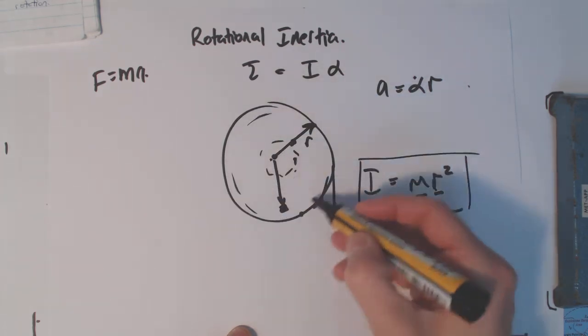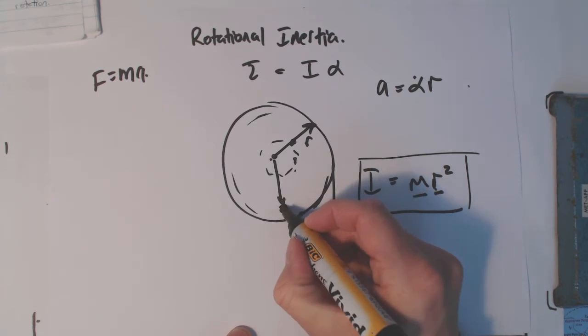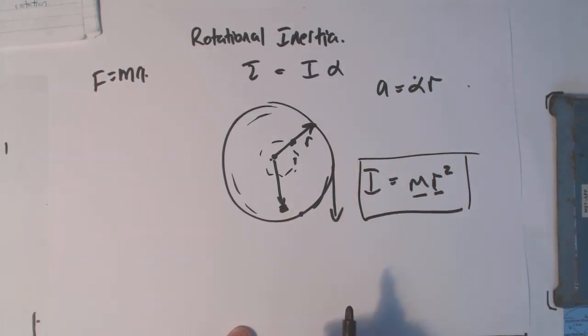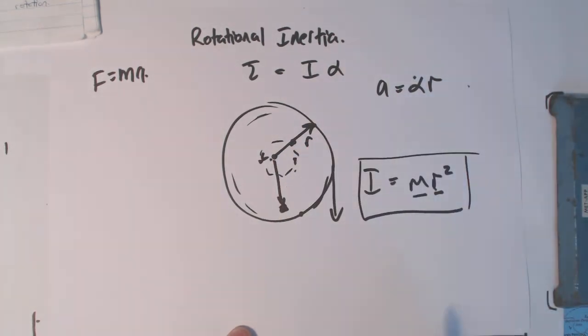So to actually calculate the total rotational inertia for this disk, we have to add up all the little masses and multiply them by their little radiuses squared. The little radius means the distance to them. It might be this little bit of mass has a much smaller radius. That little bit of mass, slightly different one. We add them all up. And we can do that with things like disks because we know calculus.